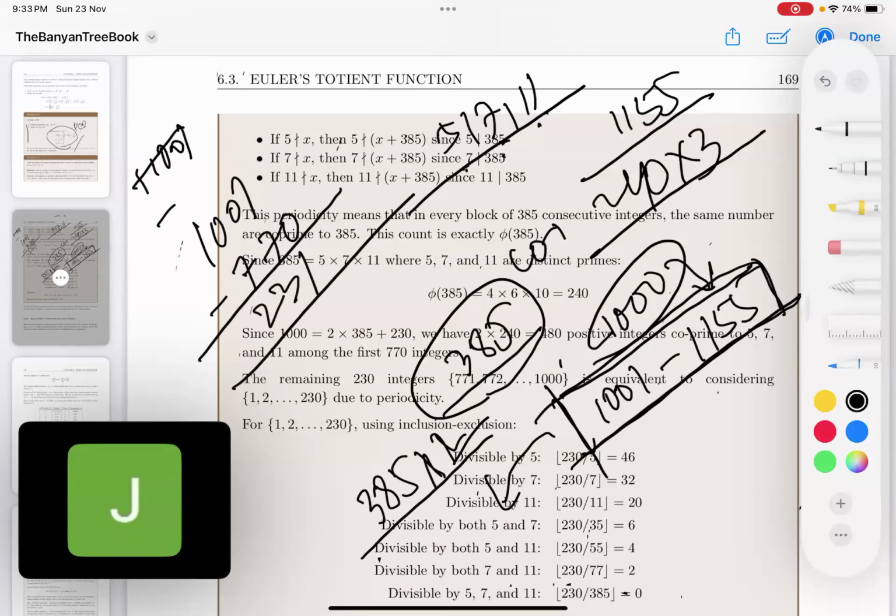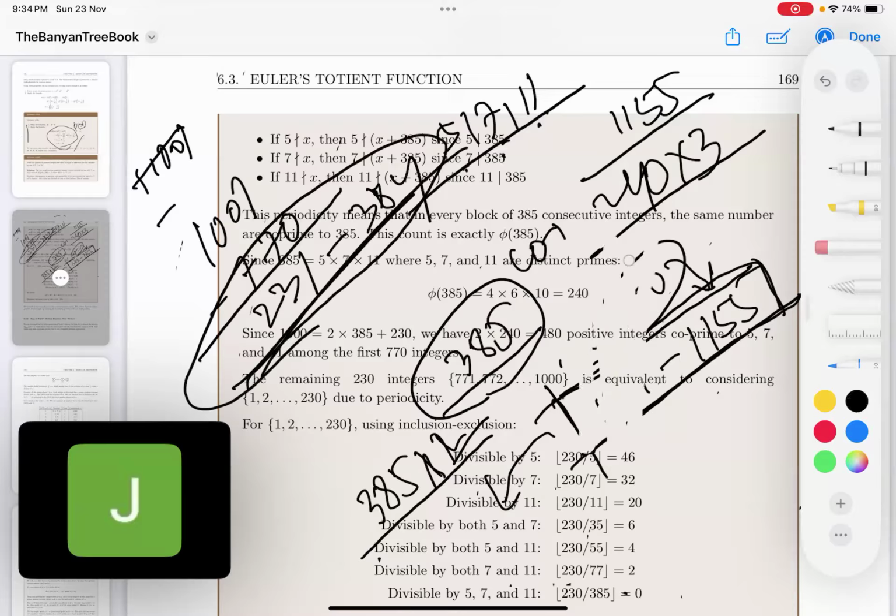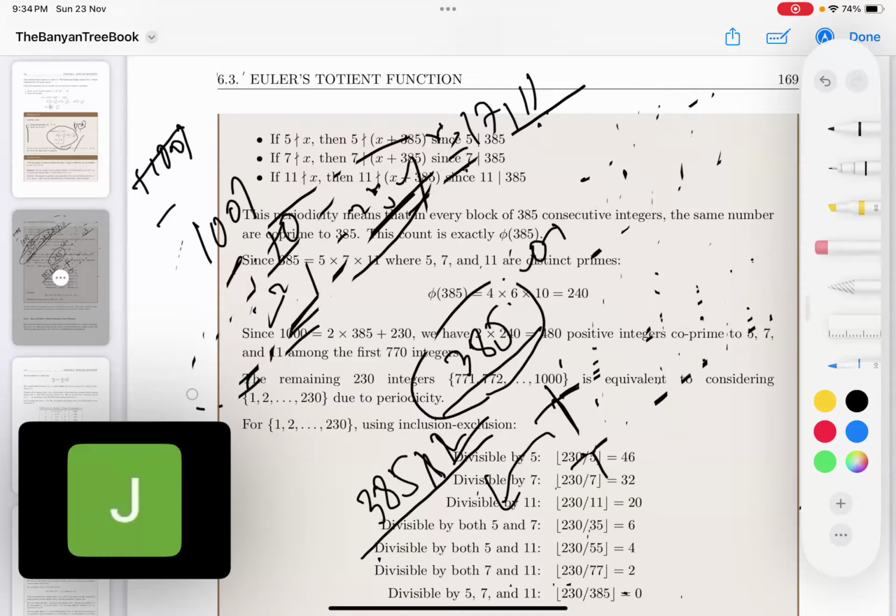So 231 to 384 is the range we are interested in. Find all the numbers here which are co-prime.